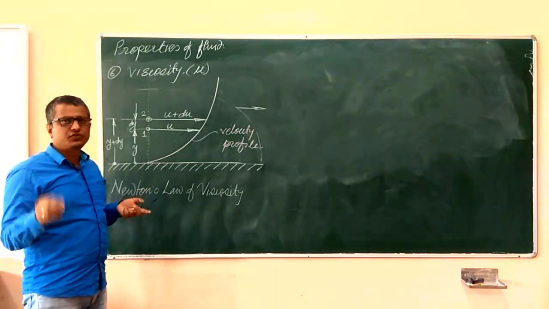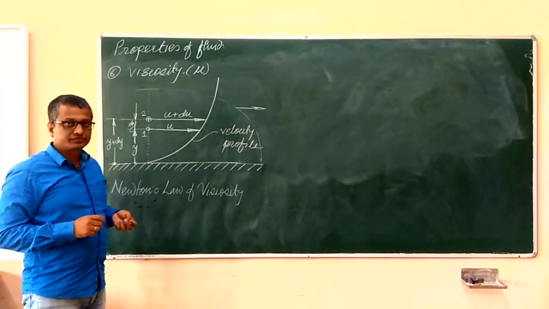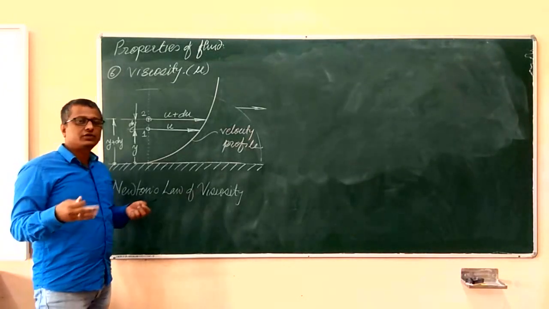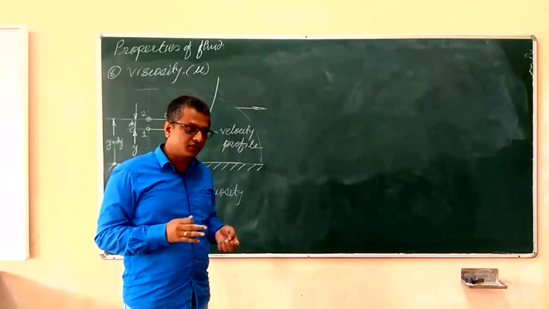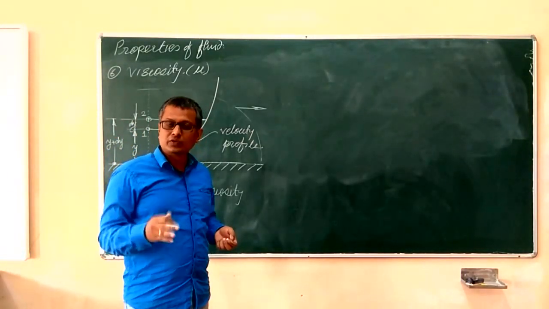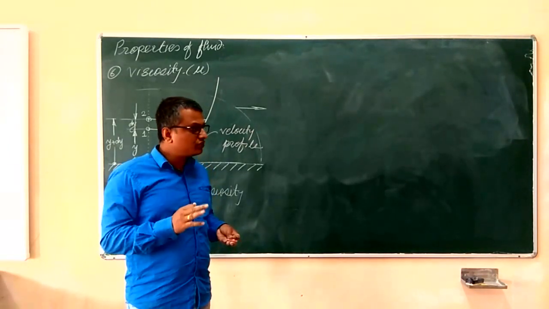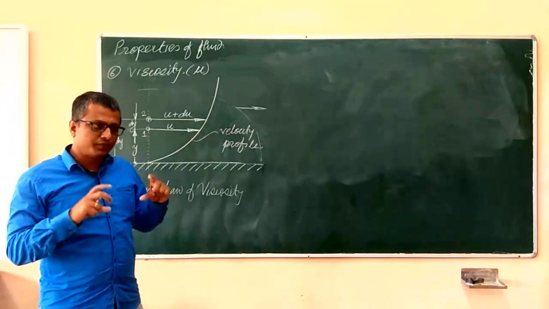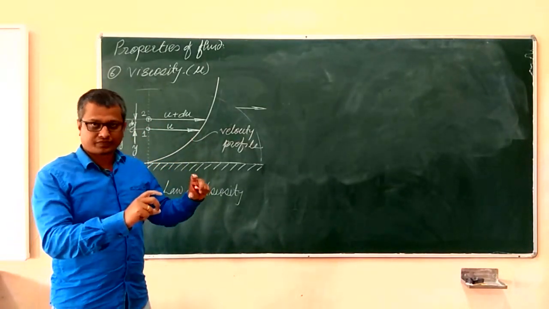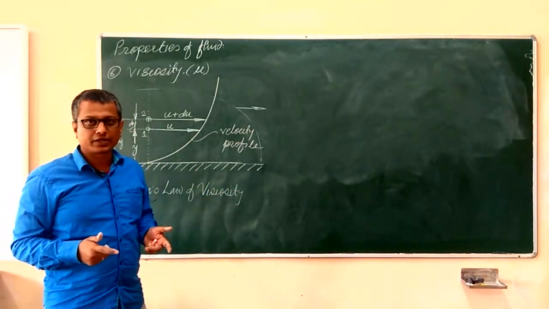Streamline means a fluid flow which is flowing smoothly, with no turbulence in it, right? We will see afterwards, maybe in the next lecture, the various types of fluid flow: streamline, turbulent, laminar. But for the time being, simply understand that streamline fluid flow means a fluid flow which is smooth, not zigzag or abrupt, right?